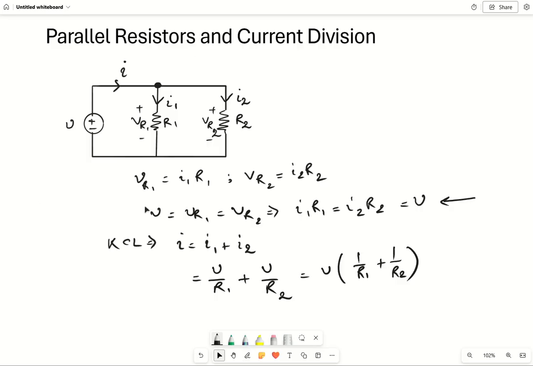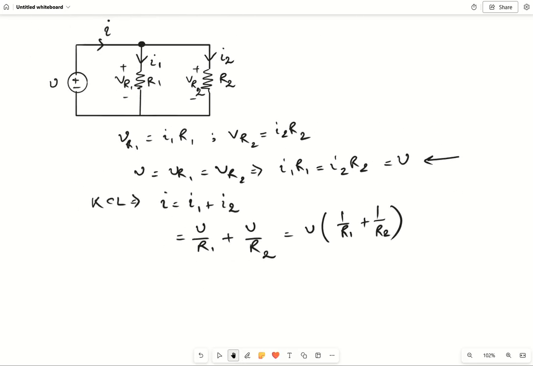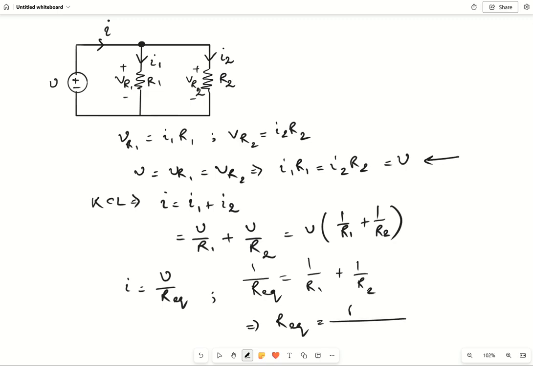Again, what we know is the current I is also given by V divided by the equivalent resistance, right? In this case, the equivalent resistance is determined by 1 by R equivalent. As we know, this is a parallel combination, so 1 by R1 plus 1 by R2, or we can also write it as R equivalent equals R1 R2 divided by R1 plus R2, right?